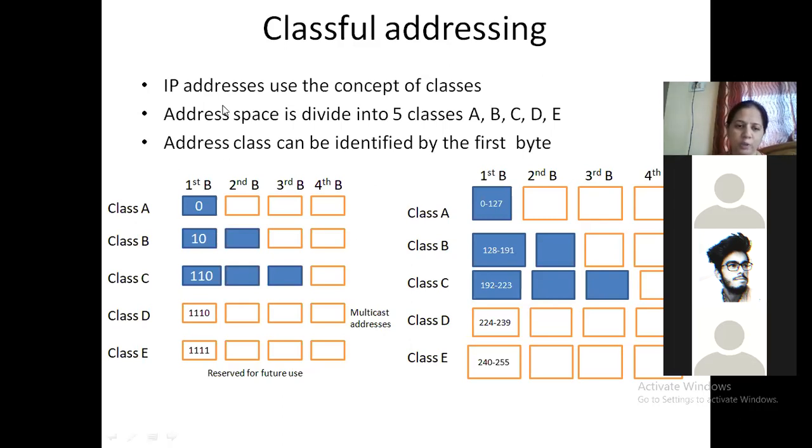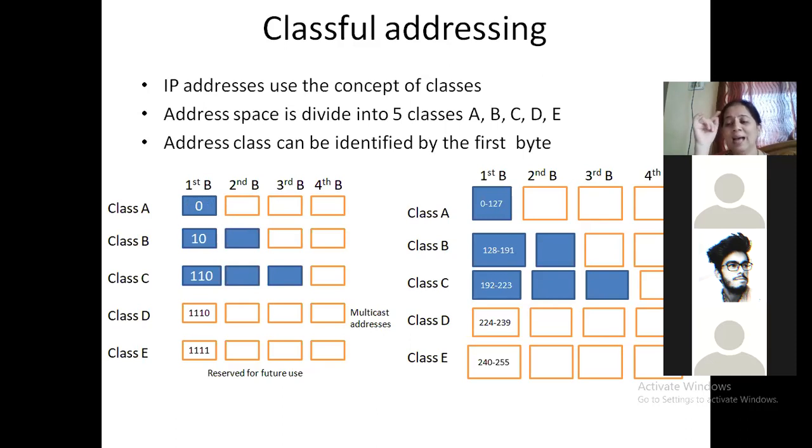Okay, I want you all to have a look at the left hand side. What is there in the left hand side? Suppose we have class A addresses. Every address will be 32 bits long. 32 bits means 4 parts: the first byte, second byte, third byte, and fourth byte. You can see I have shown it with squares. In class A, the first bit is always 0.